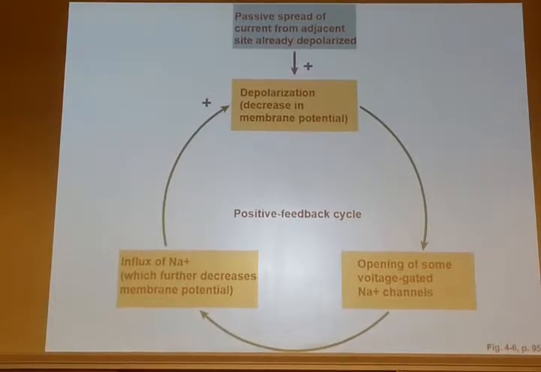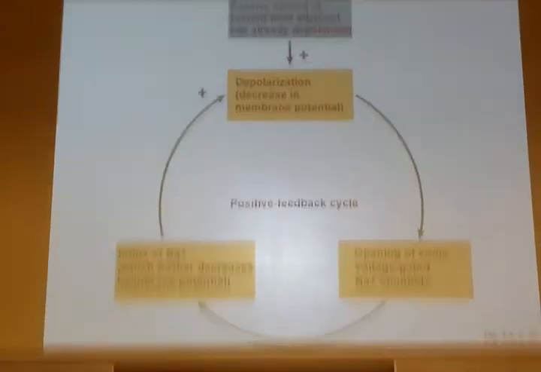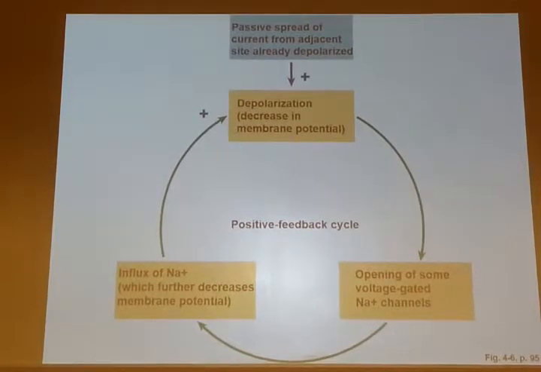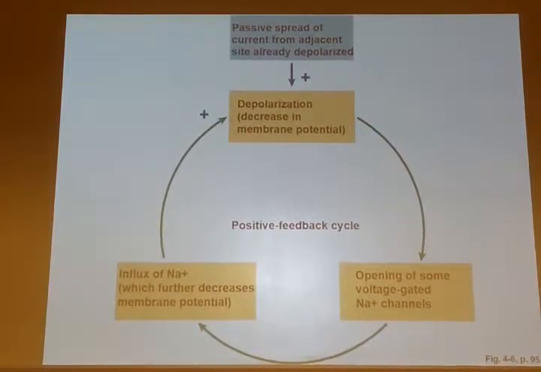An increase in the resting membrane potential, you're going from minus 70 towards plus 0, towards 0. This is going in the opposite direction. So resting membrane potential increasing, you're going more negative.